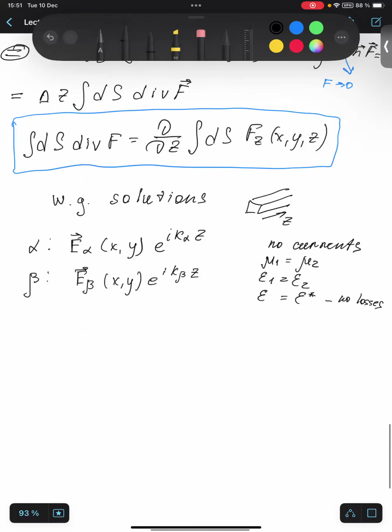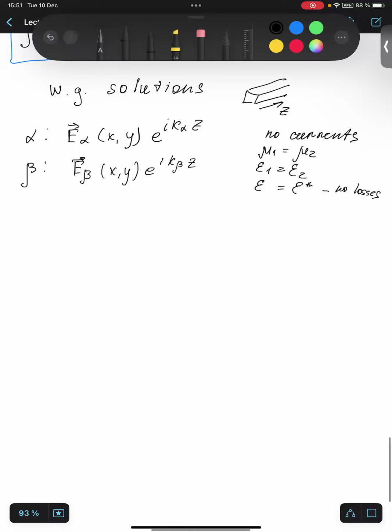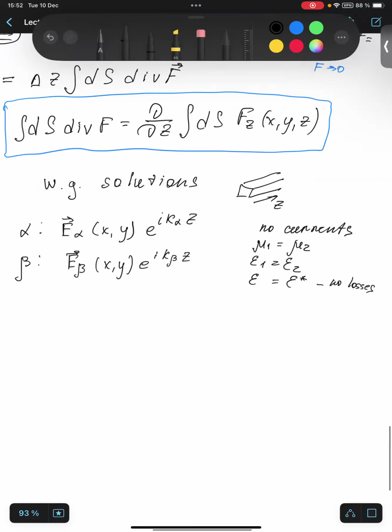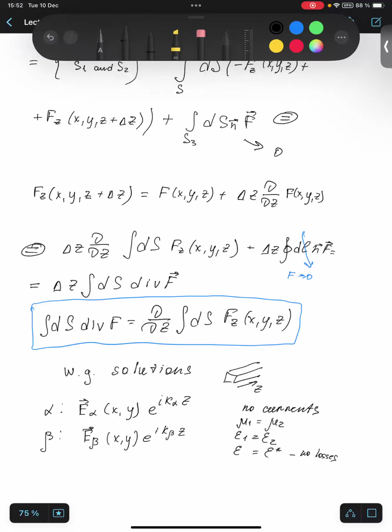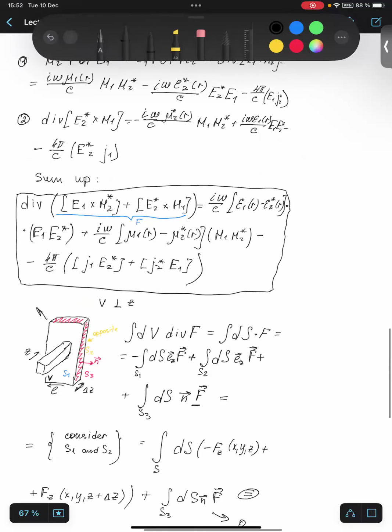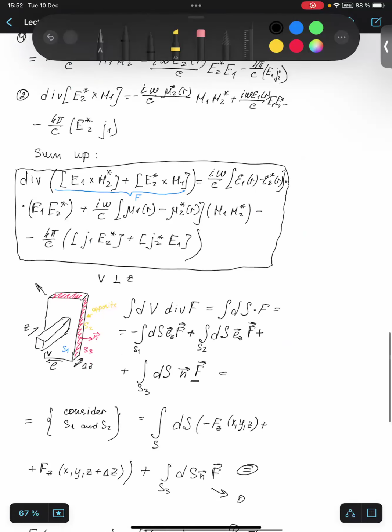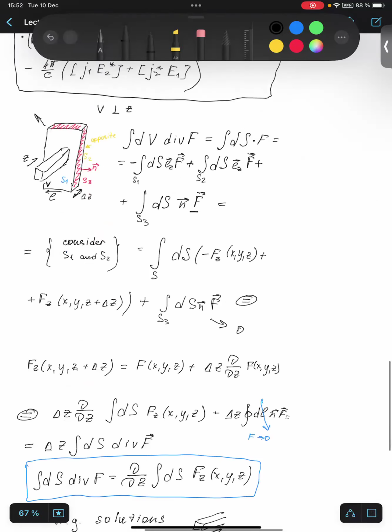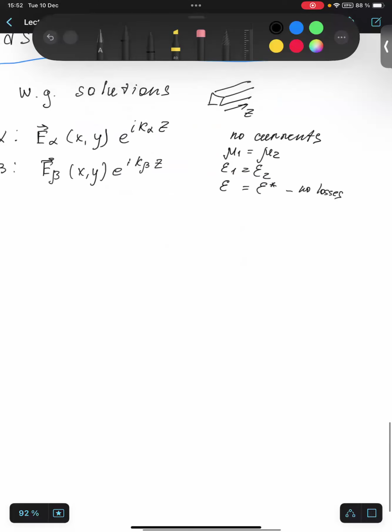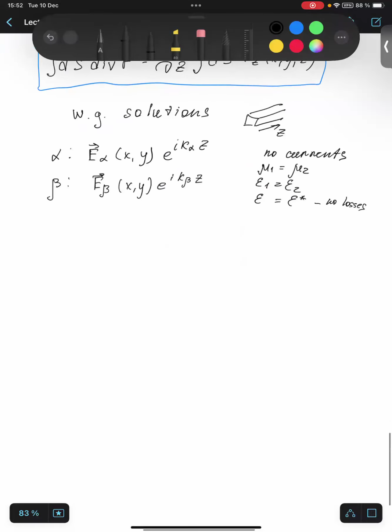And let's substitute these solutions into our reciprocity theorem. So as you remember, here it's freezing for some reason. Because permittivities are equal and we have no currents, the right hand side of the reciprocity theorem will be 0. So we now consider only the left hand side.